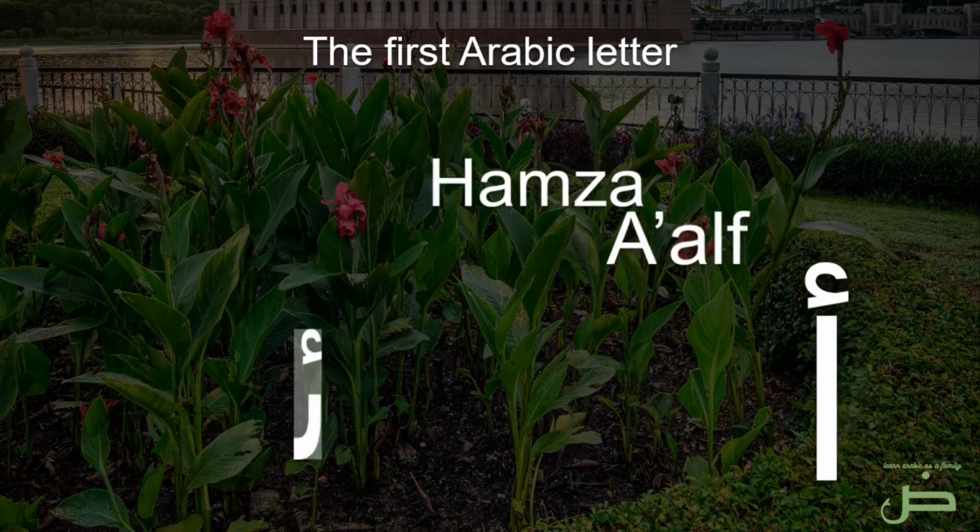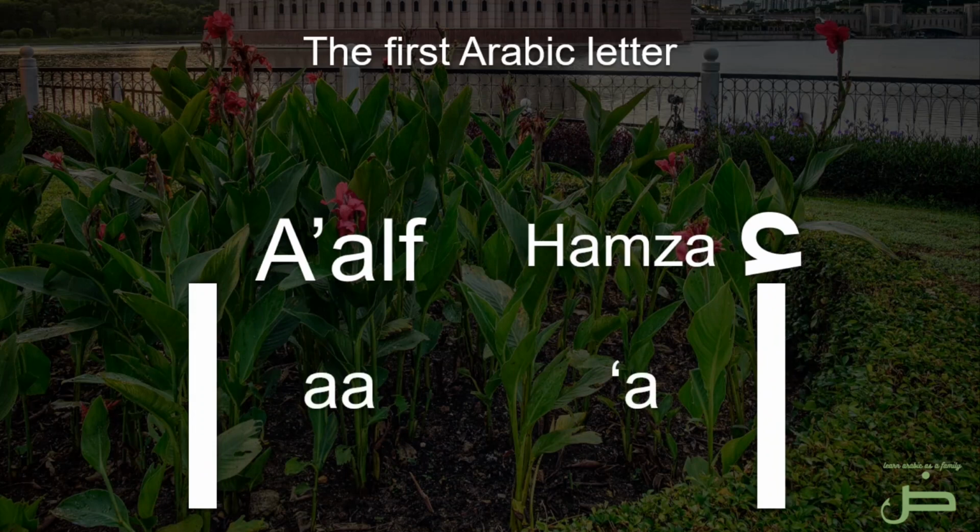So to summarize, the letter Alif is written either without Hamza, which is the left part, and it is pronounced A, and when we add Hamza on top of it, it's pronounced A.